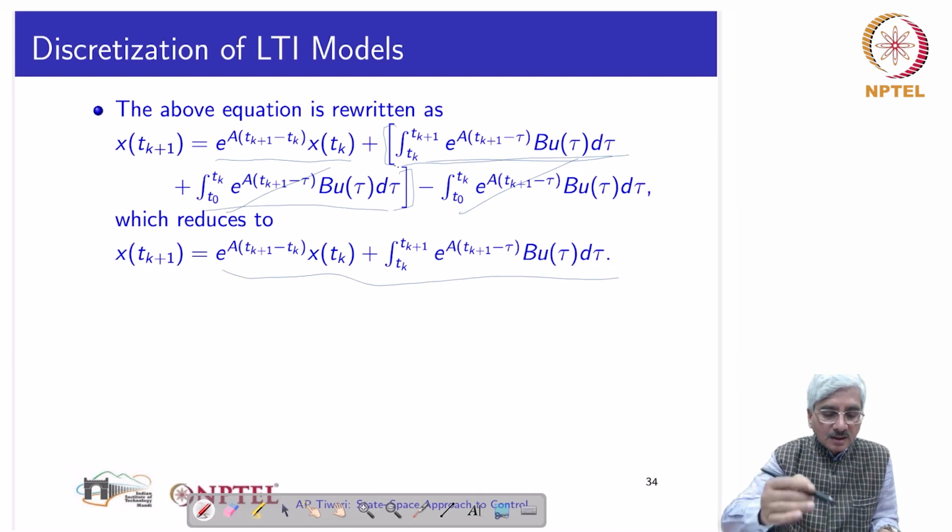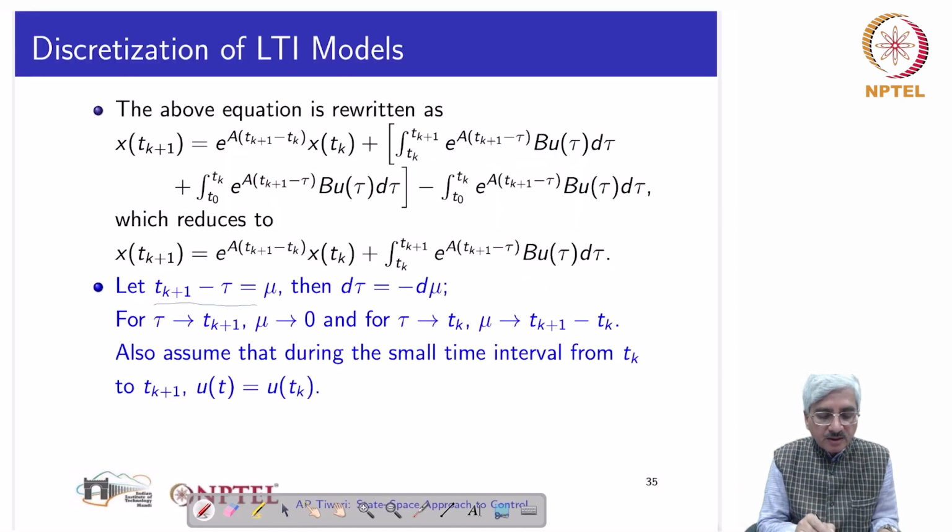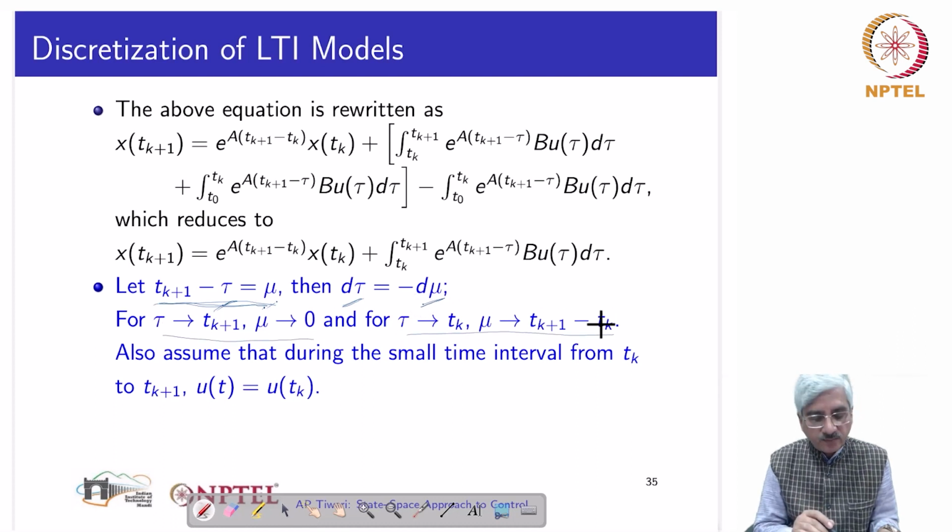Then we do manipulation by using a change of variable. Tk plus 1 minus tau is represented as mu. So d tau will become minus d mu, and the limits of integral will change to this. Also, because we are discretizing, we assume that the input is constant over the small interval between tk and tk plus 1.